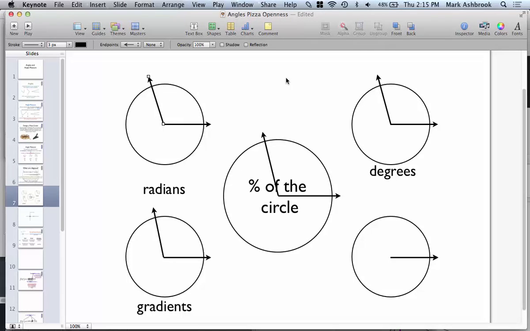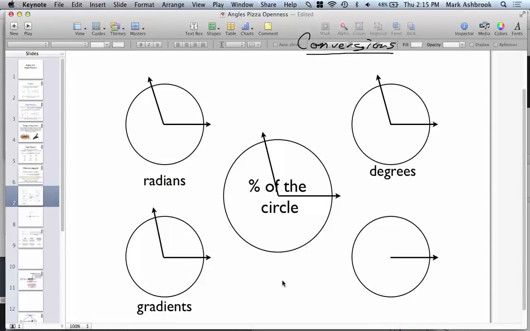Okay, so conversions. We don't have to memorize any formulas if we just understand percent of the circle, and we know in any given unit what a full circle is represented by. Let's say we've got 212 degrees.